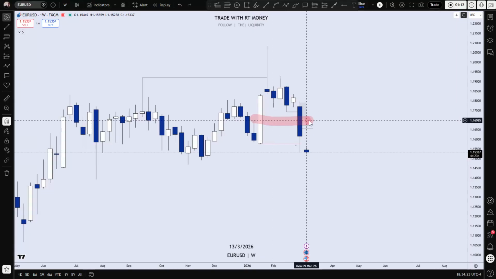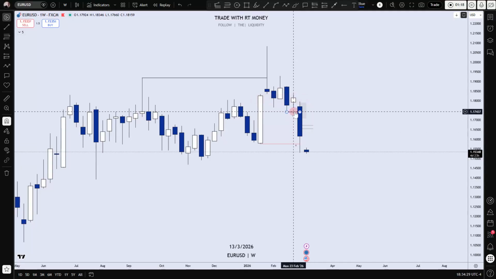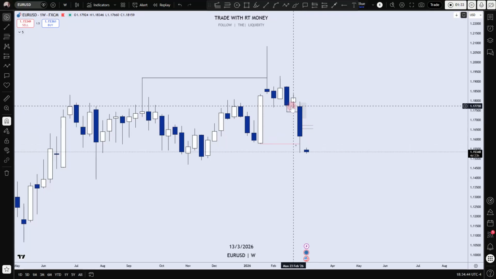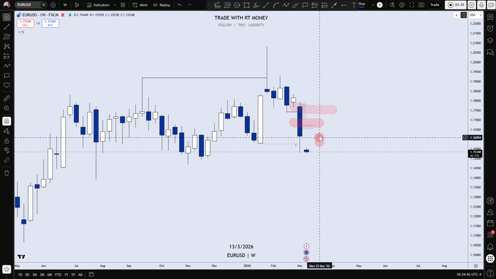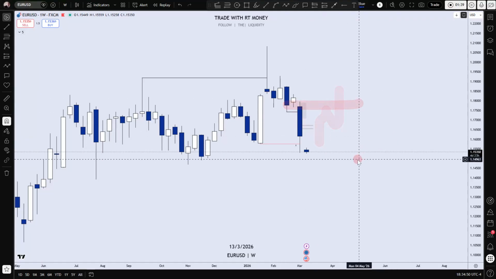Once you see a PD array, whether it's a discount array or a premium array, once they fail, you know the market is going in the opposite direction. If it's a bearish fair value gap and it fails, price is moving bullish. Sorry for all the stuttering and stammering.